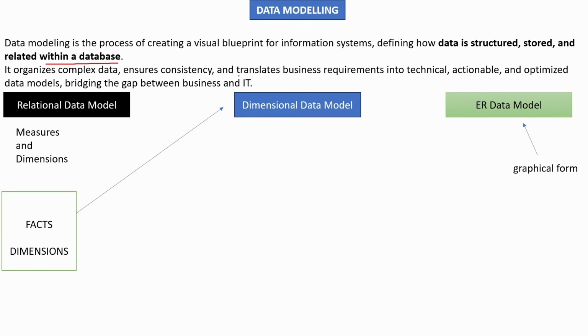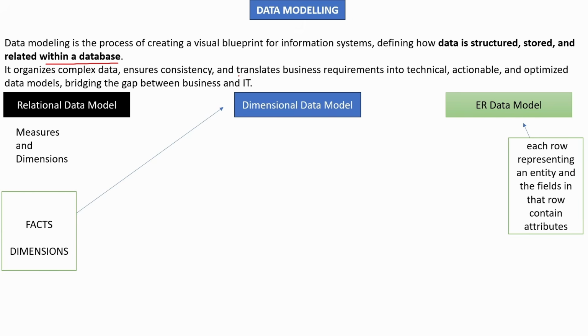The model is then used to create the relational databases, with each row representing an entity, and the fields in that row contain all the attributes. It's the key data linkage between the tables. It states how the tables will communicate with each other. That is also a very popular one. It mainly comprises activities like functions or entities, and each row here represents an entity, and the field in that row contains the attributes.